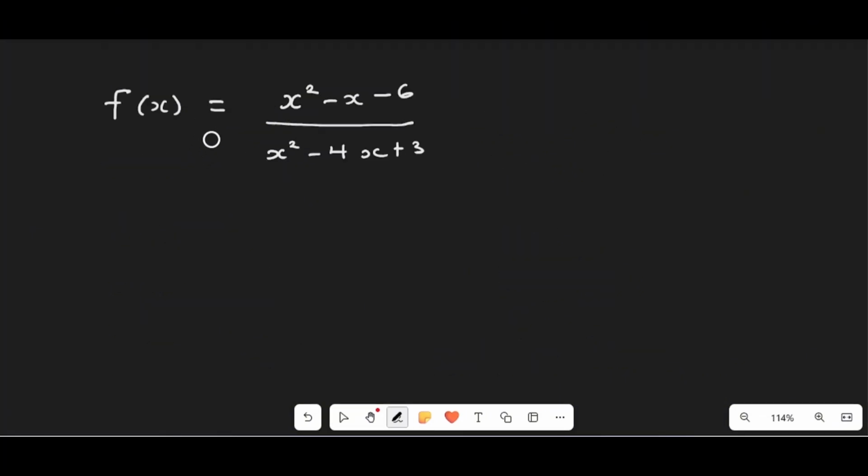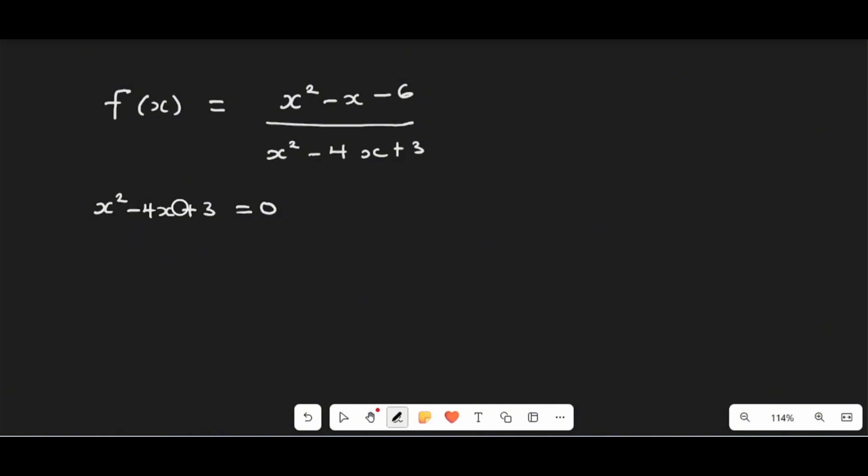We want to find the domain and the range of this function. First, let us find the domain. And for us to find the domain, let us equate the denominator to 0. x squared minus 4x plus 3 equal to 0.